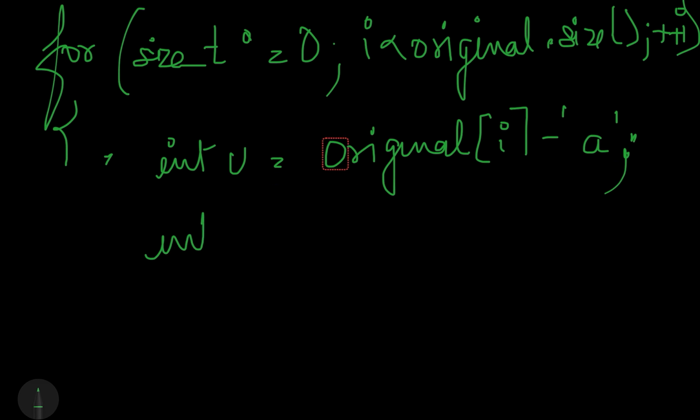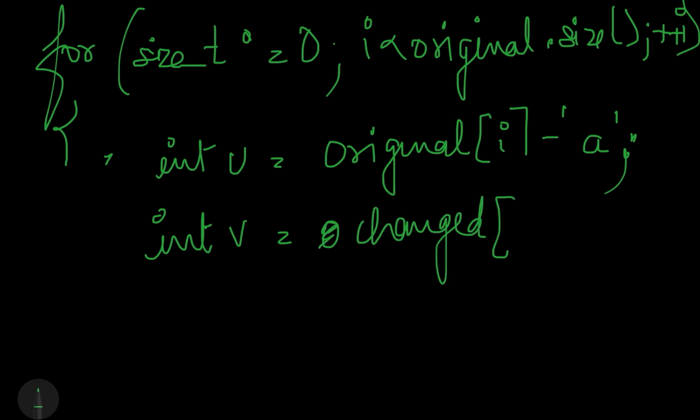We are converting the characters to indices. Okay, v is equal to changed of I minus a.